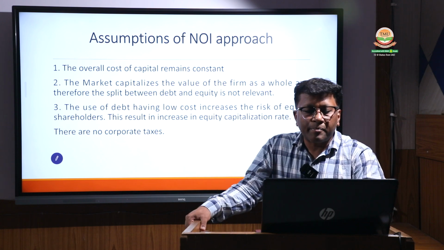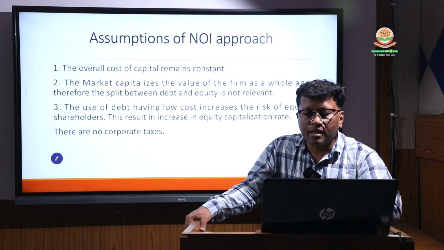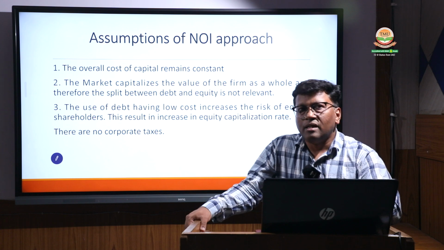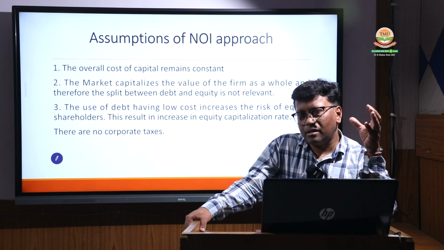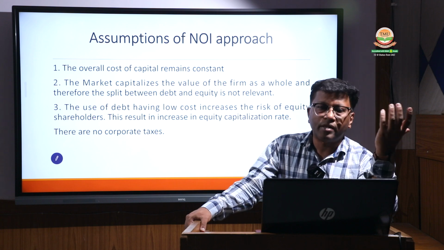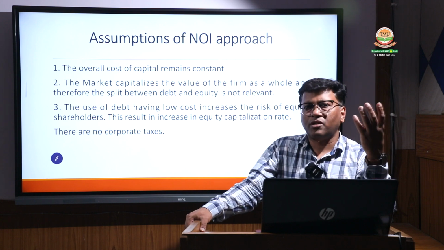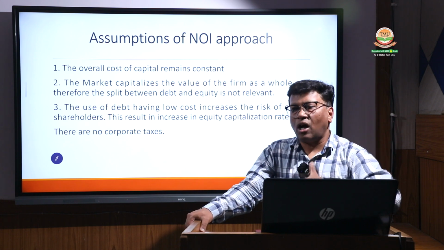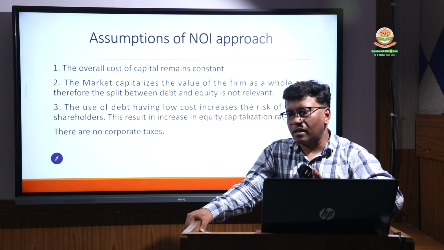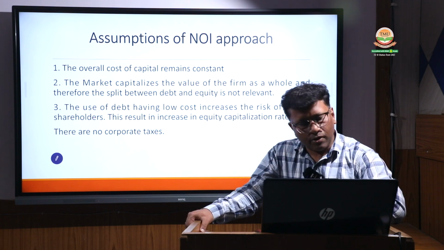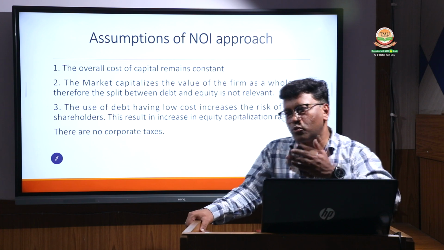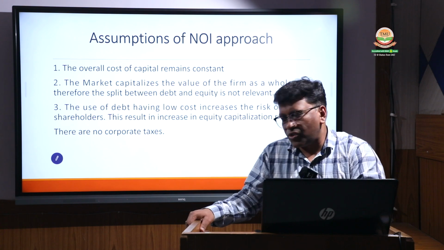And the use of debt having low cost increases the risk of equity shareholders. On this particular point, I would like to discuss in which way the perception of the equity shareholders will change, how they perceive it when the company is using debt capital along with equity capital, or has already issued debentures along with equity shares.